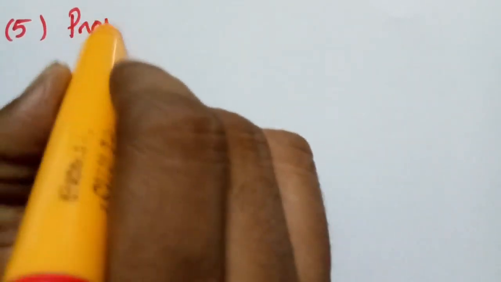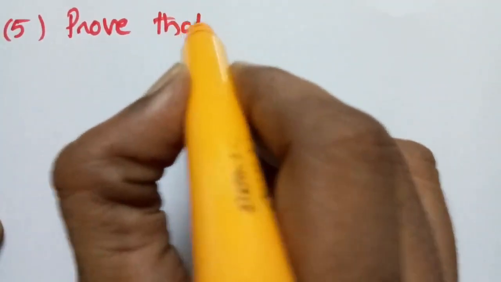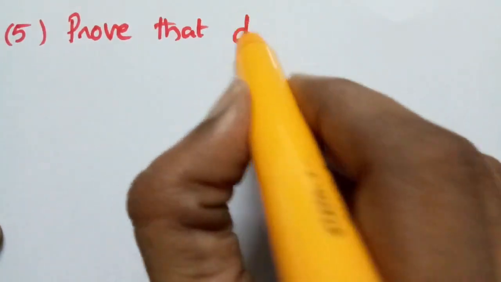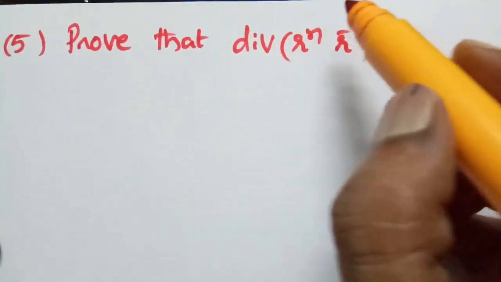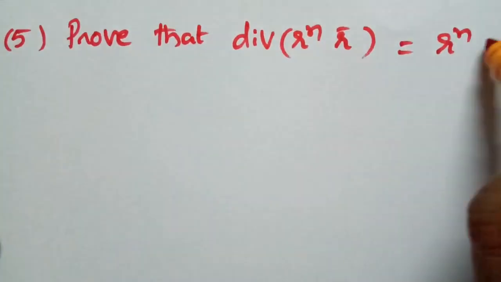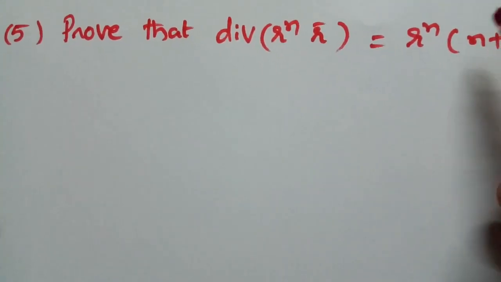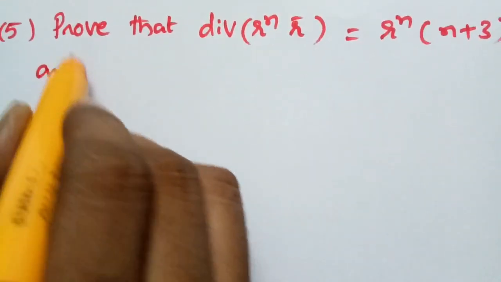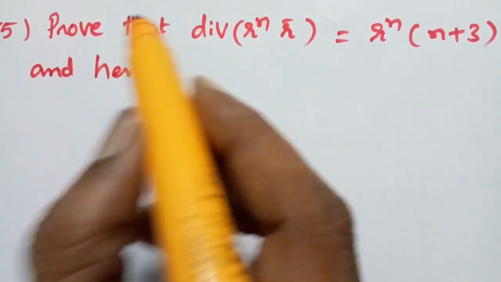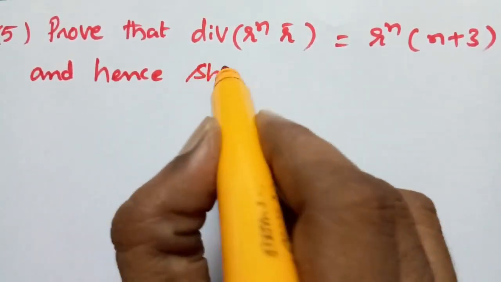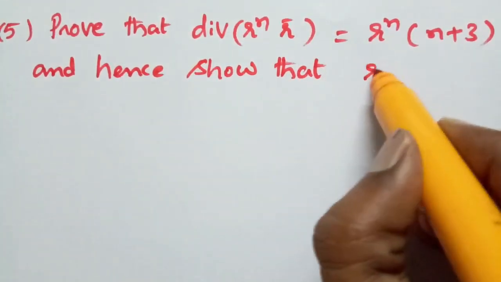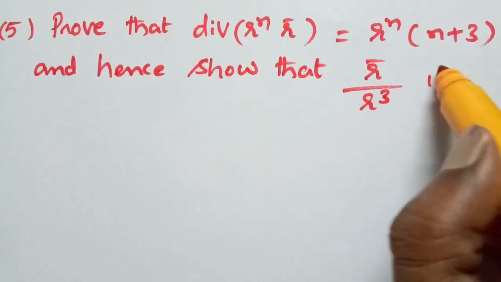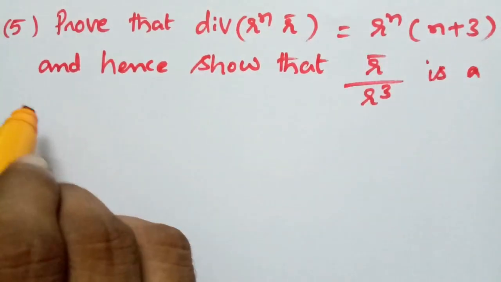Fifth one, prove that divergence of r power n into r bar is equal to r power n into (n plus 3), and hence show that r bar by r cube is a solenoidal vector.